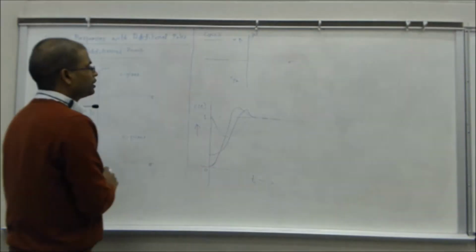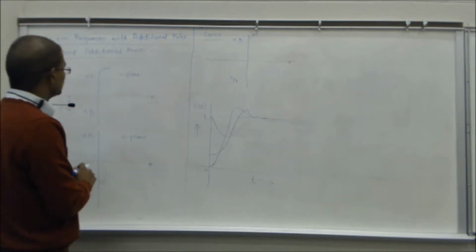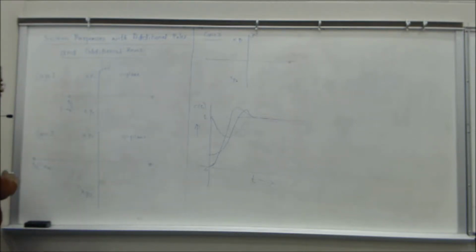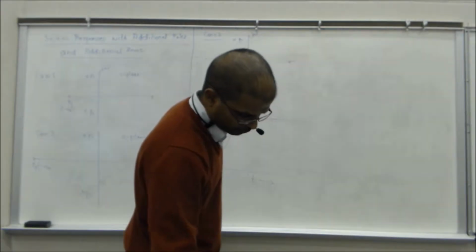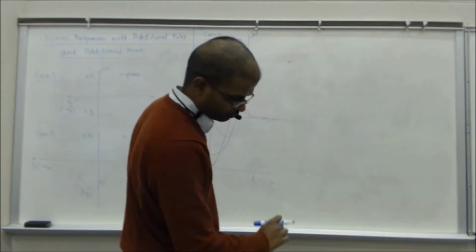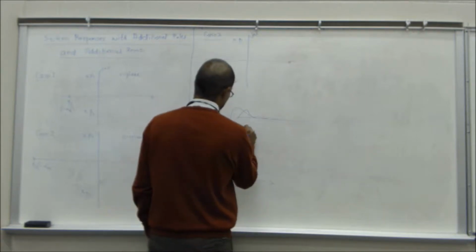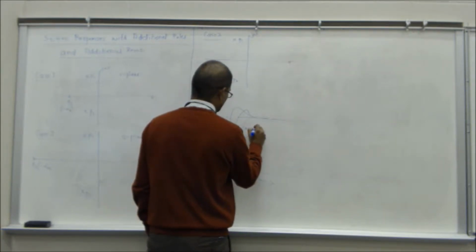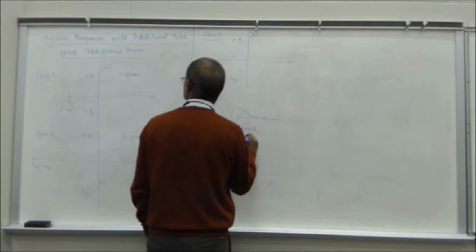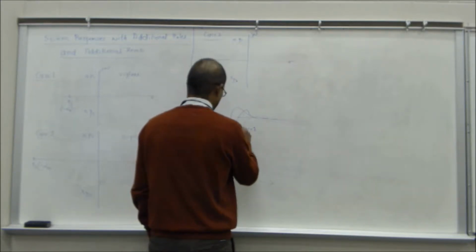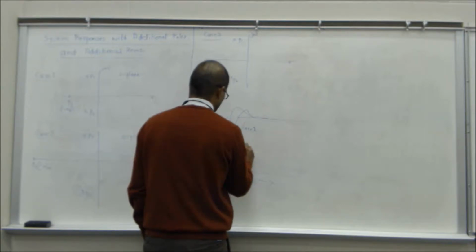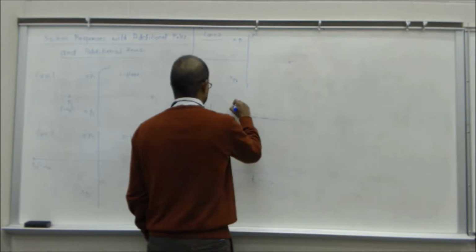So just by varying the poles, if you just move the pole away, this would be case 1, this would be case 2, and this would be case 3.